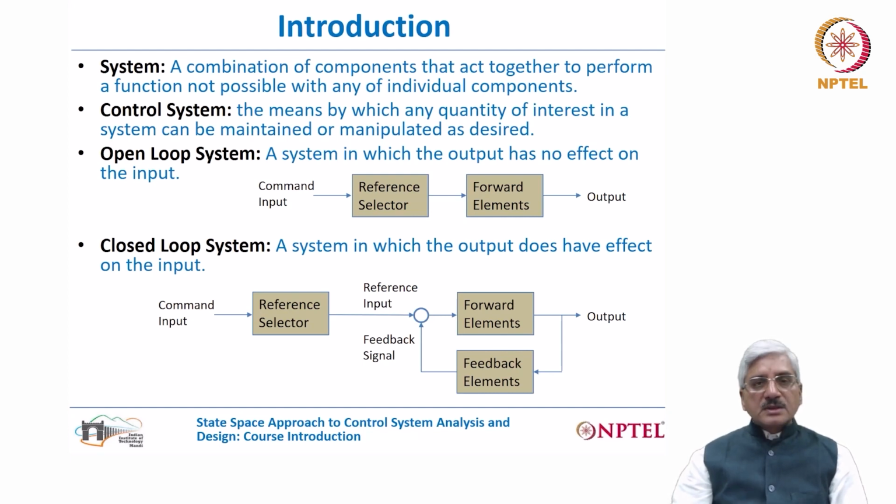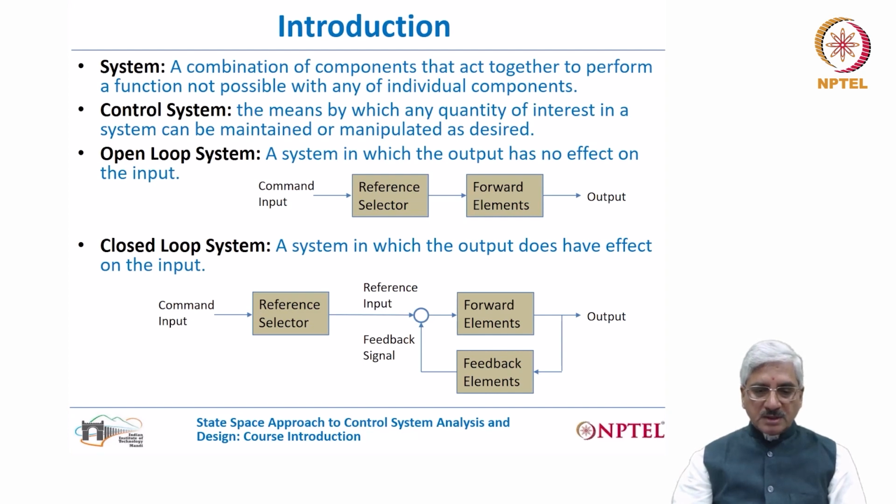The other type of control system is a closed loop control system as shown in this block diagram. In this case, command input again goes to a reference selector, which again produces a reference input. However, the reference input is now compared with a feedback signal which is dependent on the output.